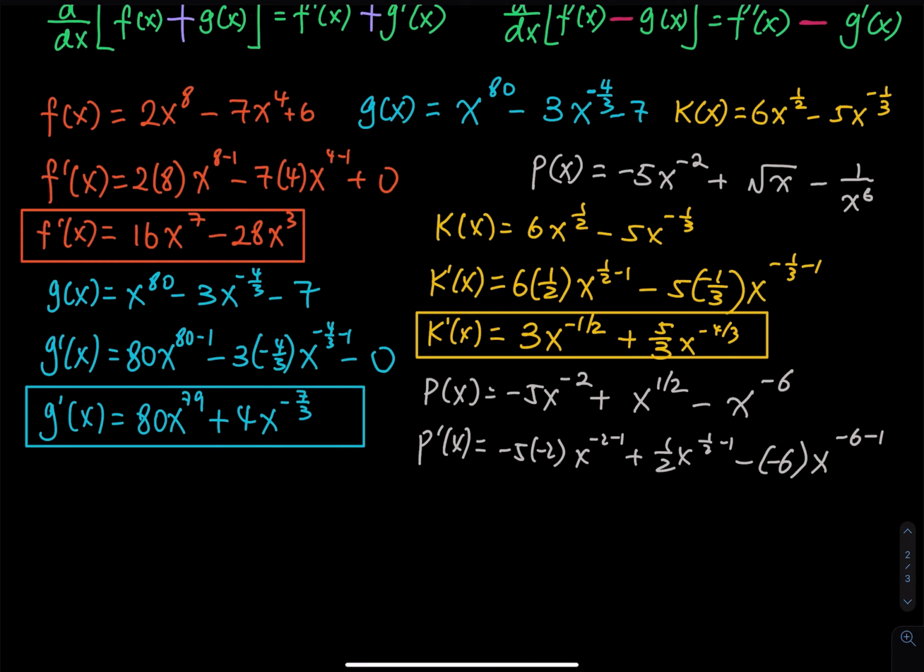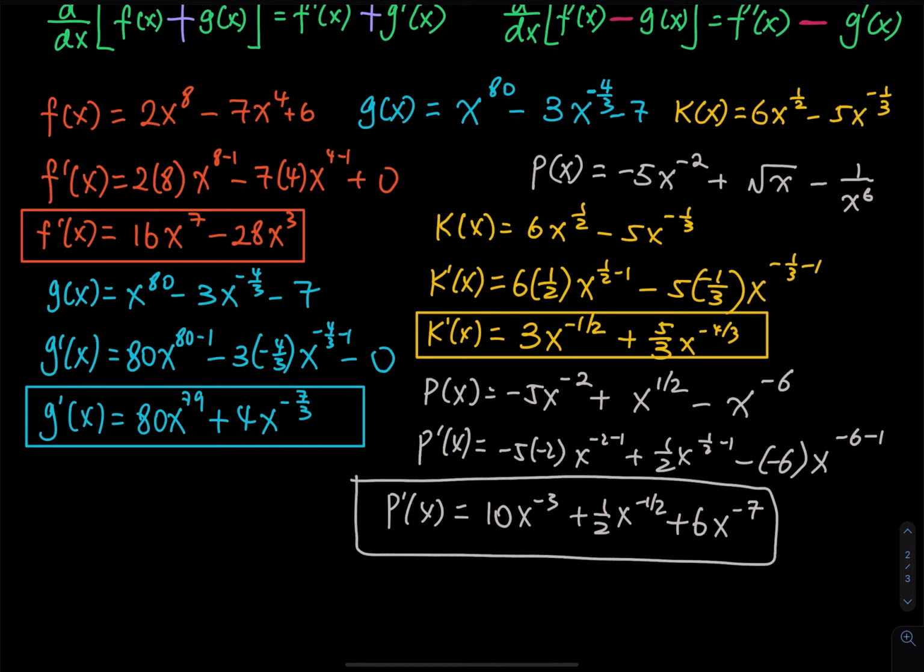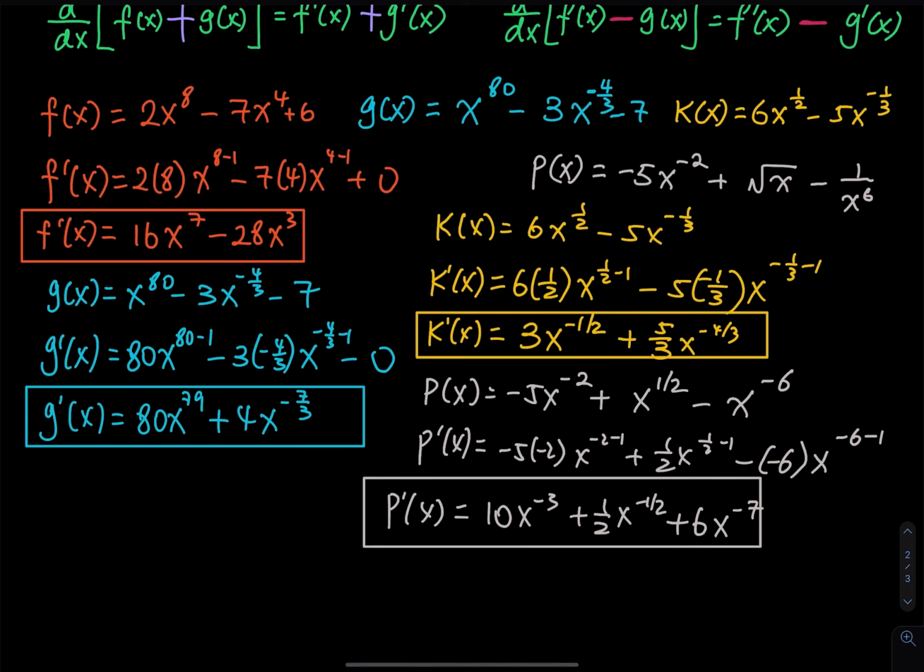Just pay attention to all the minuses. So p prime is equal to 10x to the negative 3 plus 1/2 x to the negative 1/2, and then plus 6x to the negative 7. So there you go. Here is your final answer.